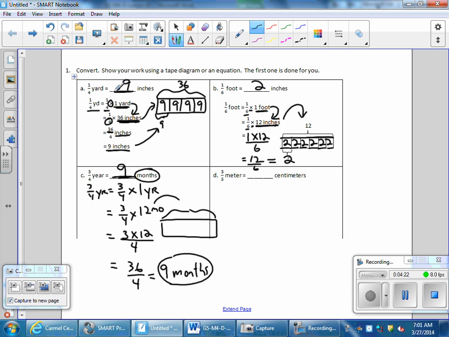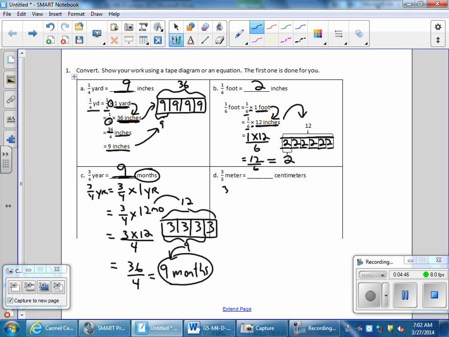Taking it from the months, 12 months, broken into 4 pieces. My denominator is 4. 12 divided by 4 would be 3. 3/4 of that time would be 3 pieces, which is 9 months.